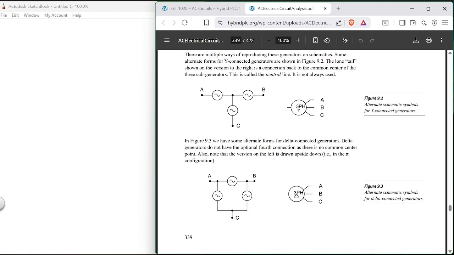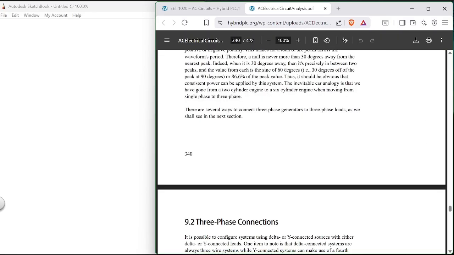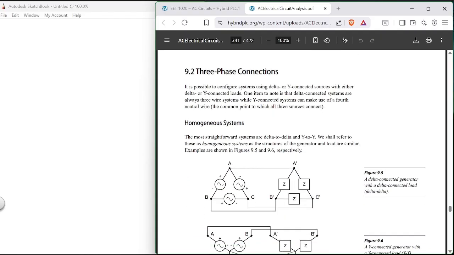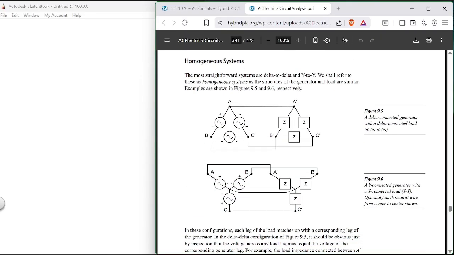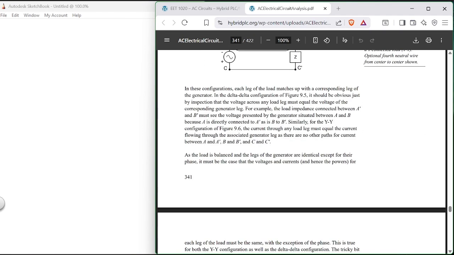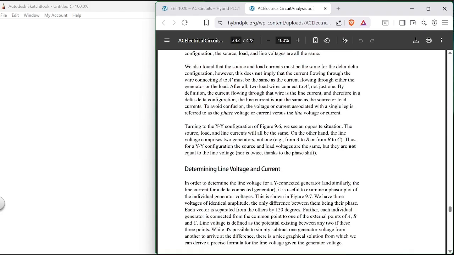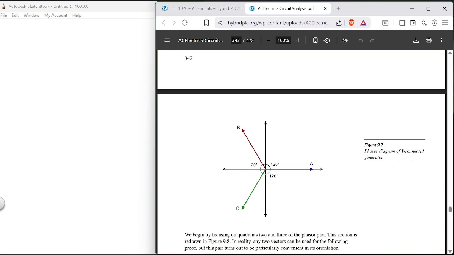He refers to this as the delta and this as the Y, but I kind of refuse to get involved with his approach, because he's very confusing. I honestly think that you're better off just learning the basic formula here for your phase to ground, and I explained phase to phase the other day.